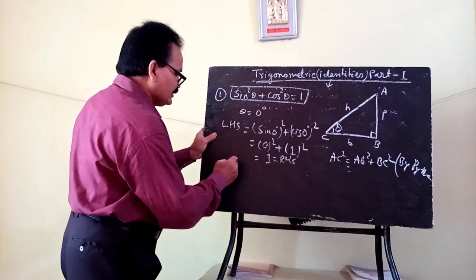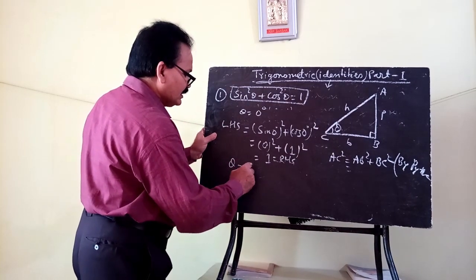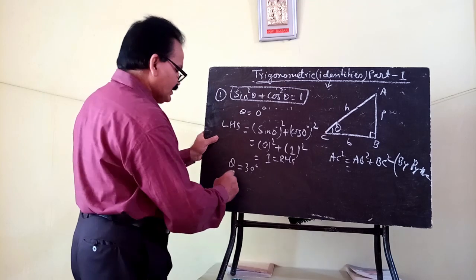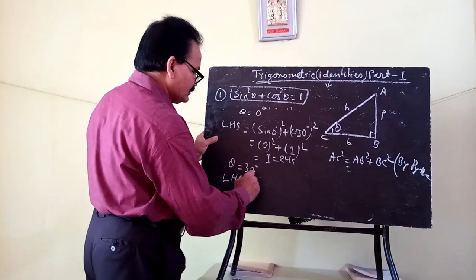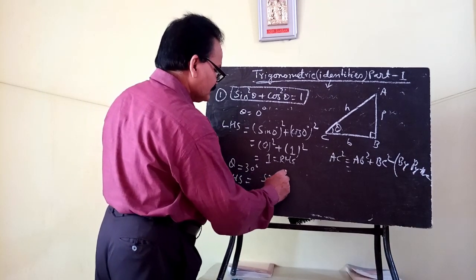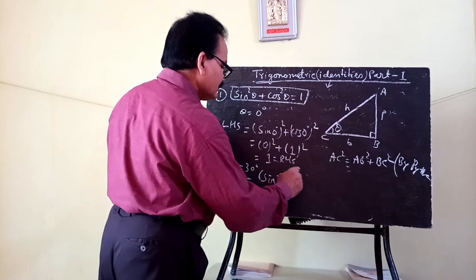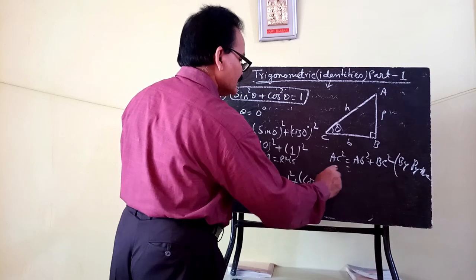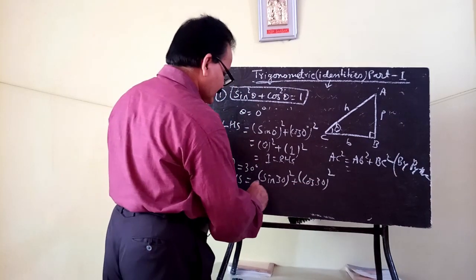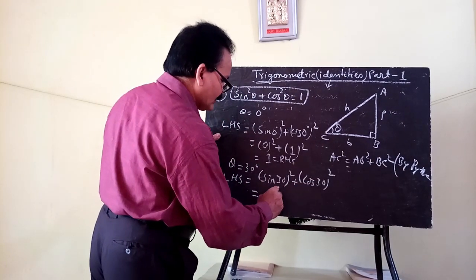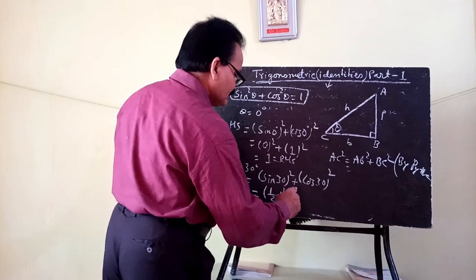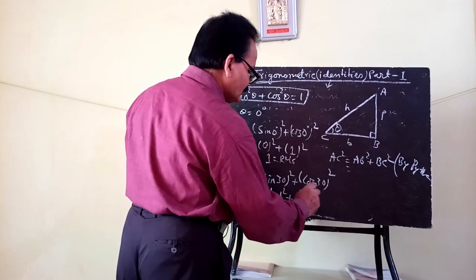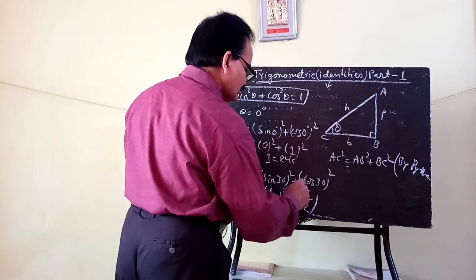If you take theta as say 30 degree. So that means LHS is sin 30 whole square plus cos 30 whole square. So after you know the value, sin 30 is 1 by 2 whole square plus cos 30 is root 3 by 2 whole square.